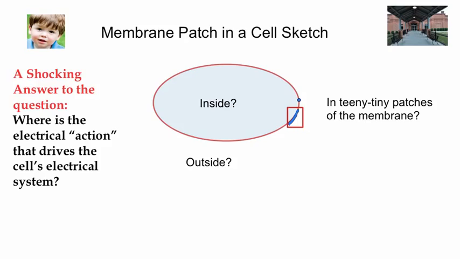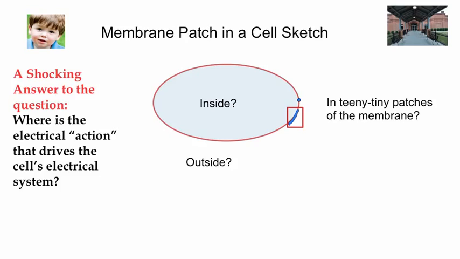Now, I haven't tried to draw a scale diagram, but you get the idea. It's a little part of the surface membrane. Now, let me ask you a bigger question. Where is the motor in this train? Where is the engine? Where is the electrical action that drives the cells, all of its electrical systems? Where is the energy coming from? What's running this?